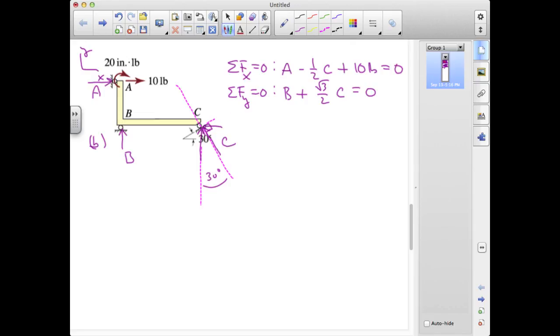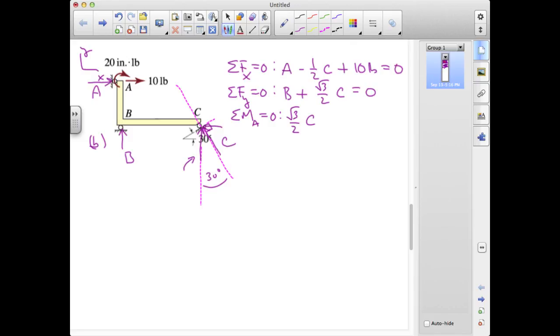So sum of the moments about A equals 0. We're going to have a counterclockwise or positive contribution from CY here, and that's through a distance of 6 inches. So this is root 3 over 2 C. That's C cosine 30.